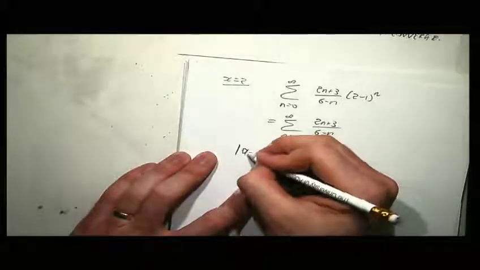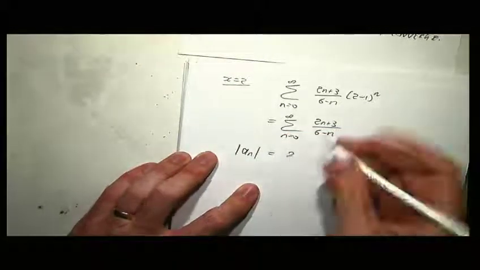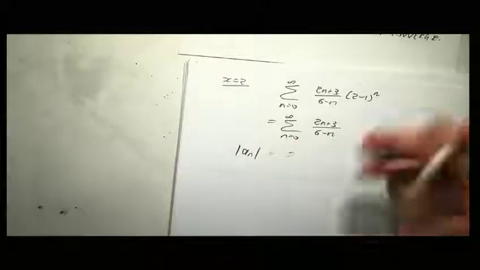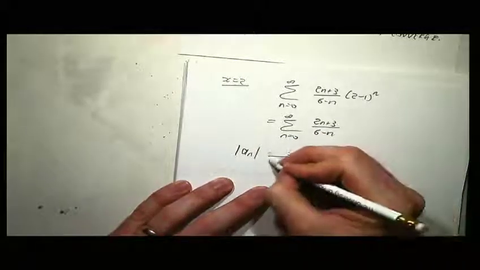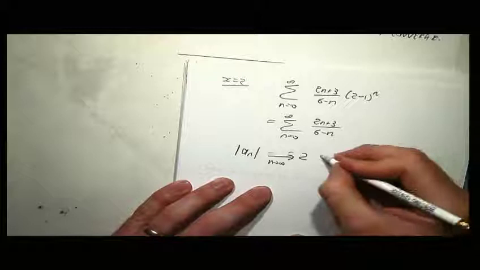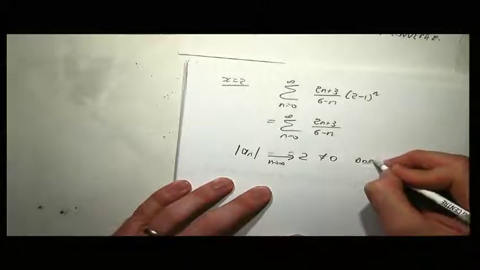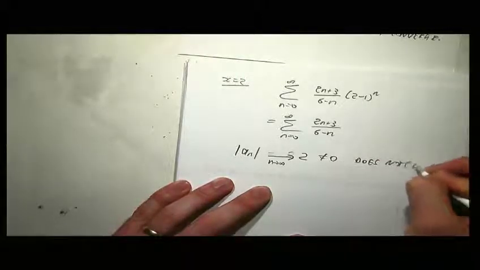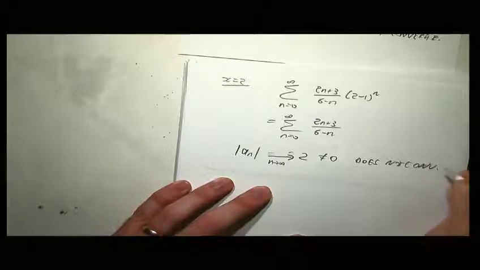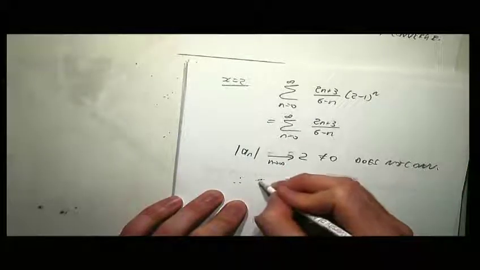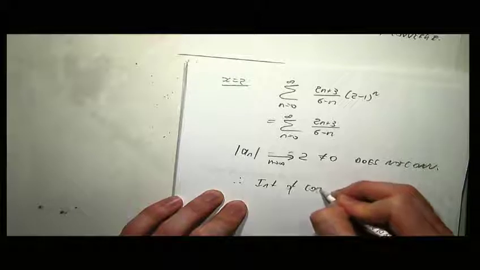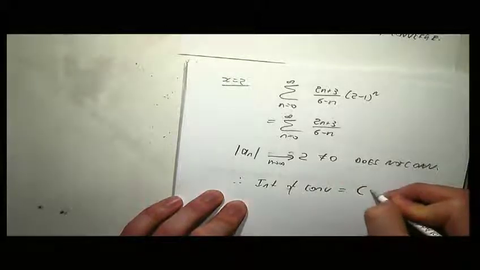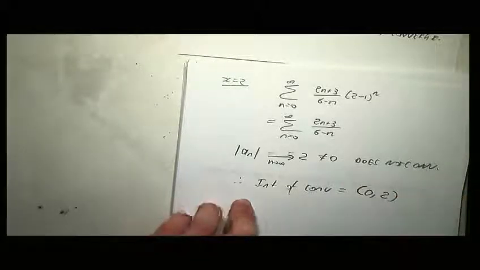So the absolute value of an will approach 2 just like it did before, which is not 0, so it does not converge. And so therefore the interval of convergence is from 0 to 2, not including either endpoint.